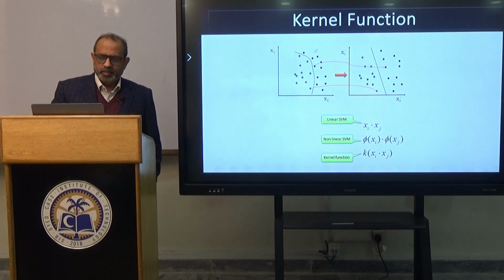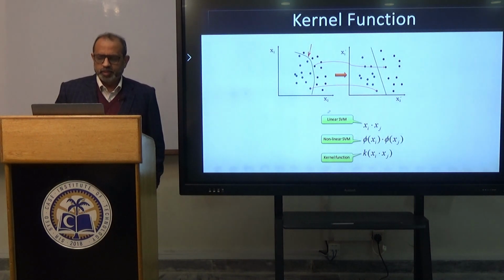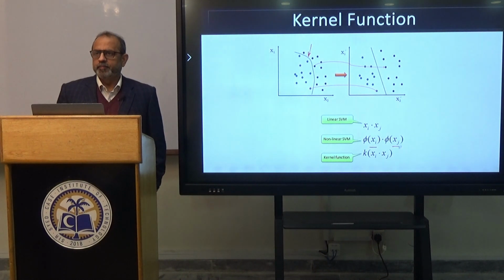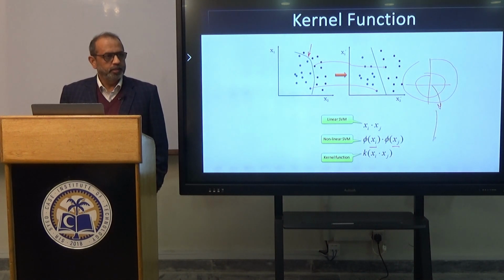But what if there is a non-linearity in the data? Then there are two things that you can do. First, you can play with the individual features, like we saw, if you convert these features into polar coordinates, so r and theta.